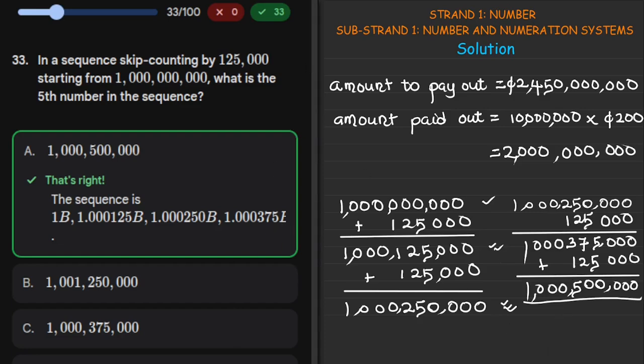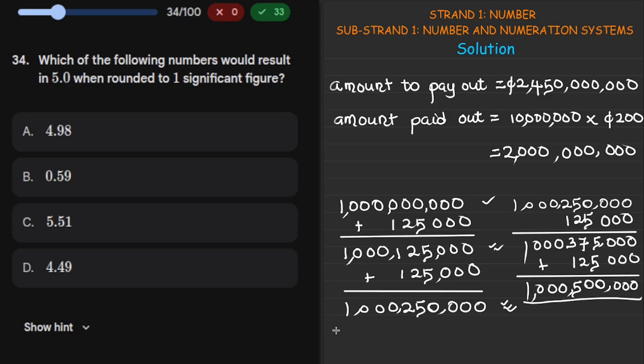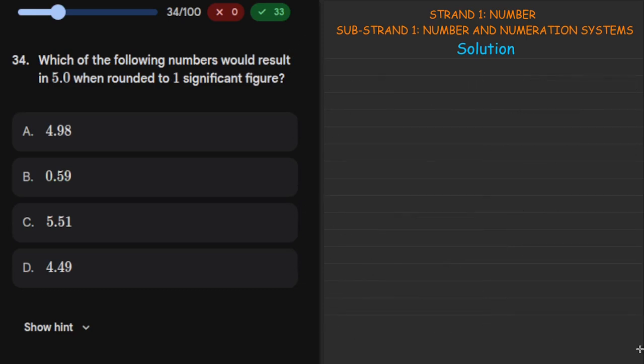In our next question, that is question number 34. What does it say? It says, which of the following numbers would result in 0.5 when rounded to one significant figure? We are rounding to one significant figure. Our first number, we have 4.98.